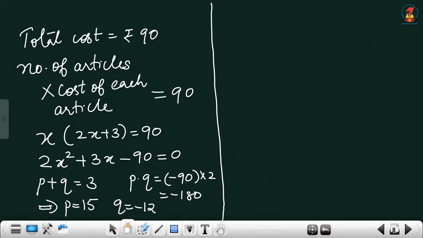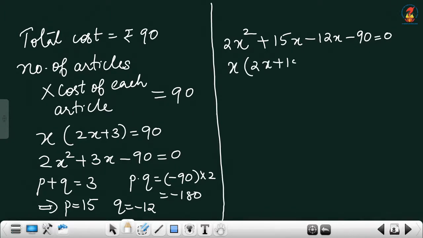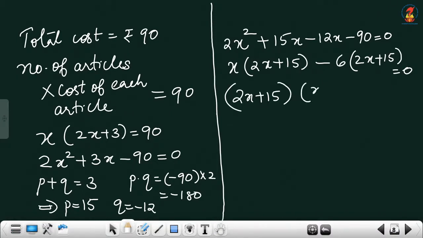So, you can write this as 2x square plus 15x minus 12x minus 90 equal to 0. So, here you can take out x into 2x plus 15 minus 6 into 2x plus 15 equal to 0. So, 2x plus 15 into x minus 6 equal to 0.